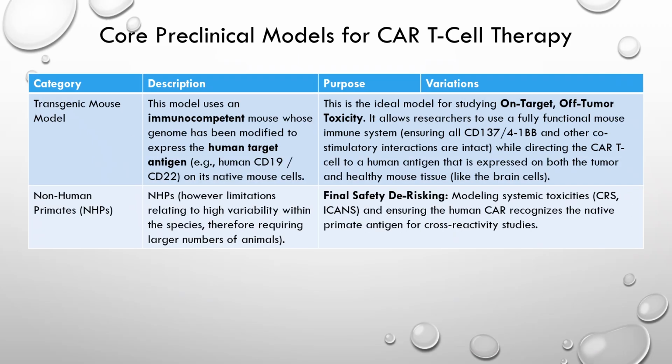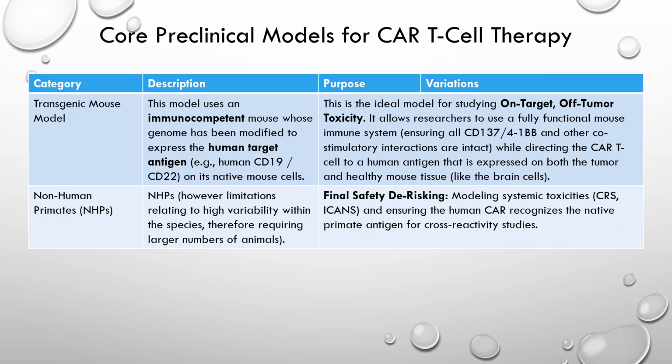The other is the transgenic mouse. So this is the use of an immunocompetent mouse, but in this case, it's been genetically modified to express the human target antigen, so that we can study for on-target off-tumor toxicity.